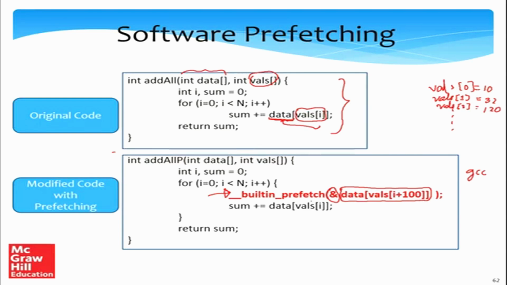Of course, we're adding an extra instruction, so the performance penalty is there. But by prefetching data in advance, when we actually access the data later, we'll find it at the upper levels of the memory hierarchy, and the miss penalty or the memory access time will be much, much lower.